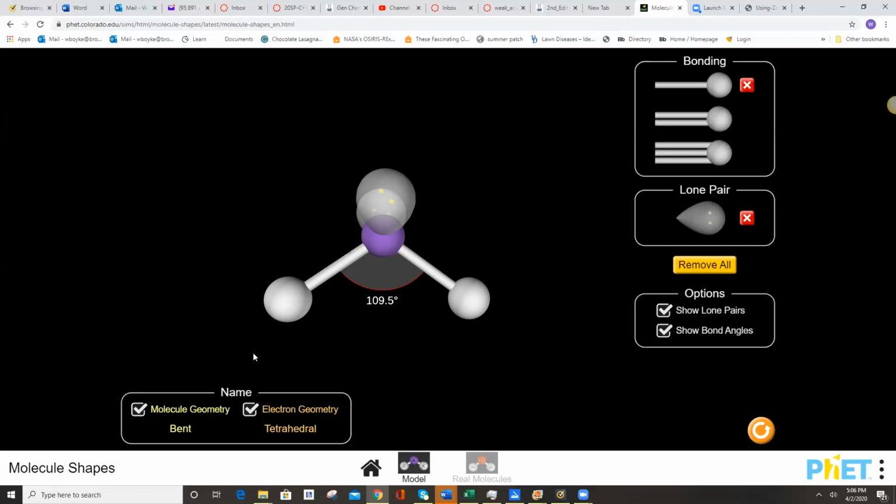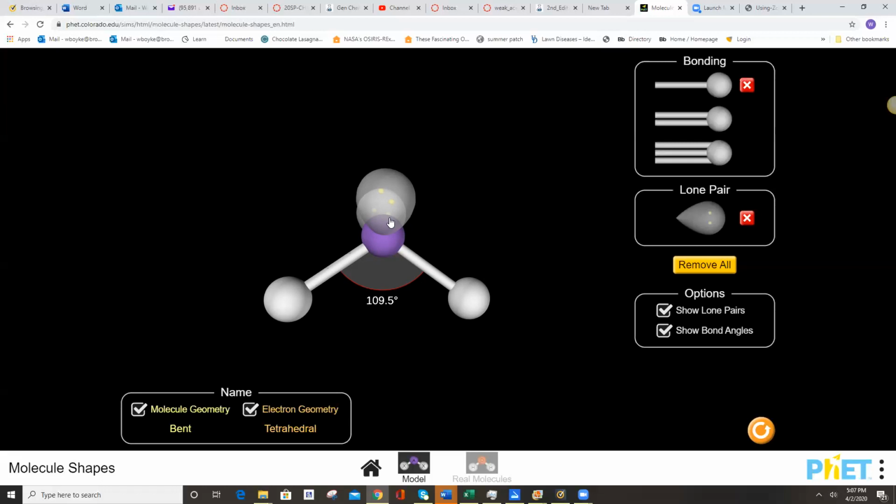Remember, the electron pair geometry for SO2 is trigonal planar. That's what gave us those 120 degree angles to begin with. Meanwhile, this bent comes from a tetrahedral electron pair geometry. So this bent is going to have bond angles of 109.5 degrees for this one.